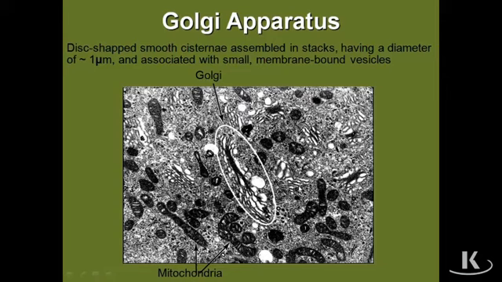Next, in this electron micrograph, we have a view of the Golgi apparatus. And note that Golgi apparatus looks very similar to smooth endoplasmic reticulum in that it consists of parallel arrays of cisternae. The difference in the electron micrograph is that the Golgi apparatus typically has a slight curvature to it.